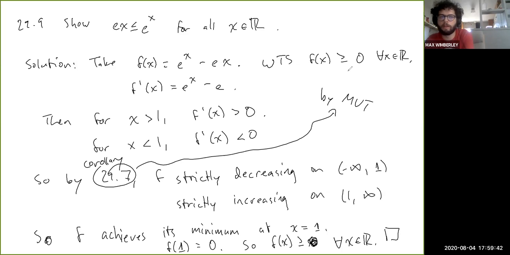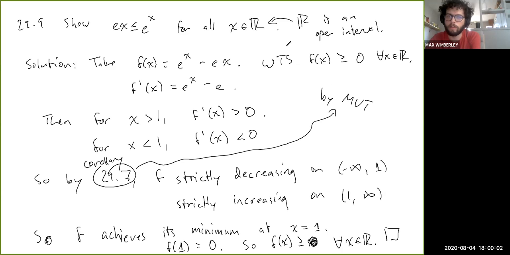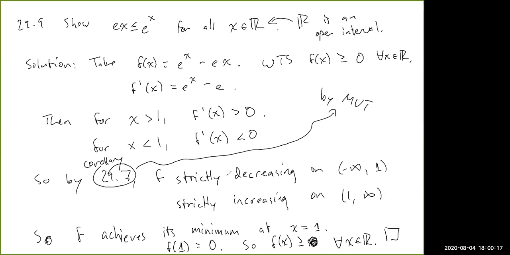No, we can, because if f is defined everywhere, then it's defined on any open interval containing whatever point you're interested in. You can also think of R as an open interval itself. So yeah, R is an open interval, so 29.1 certainly applies. So we don't need to invoke theorem 29.7, but can use 29.1 instead, right?